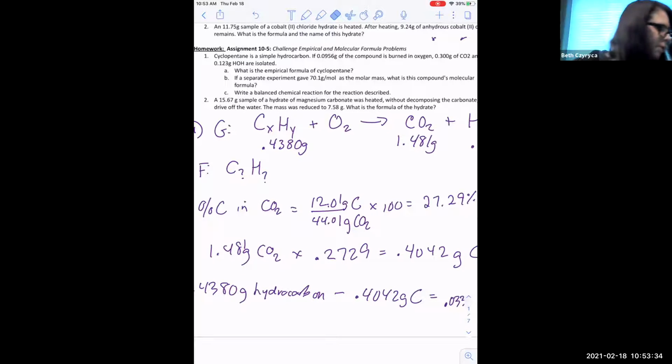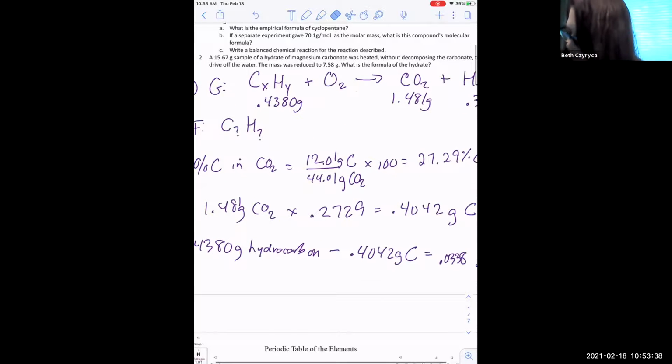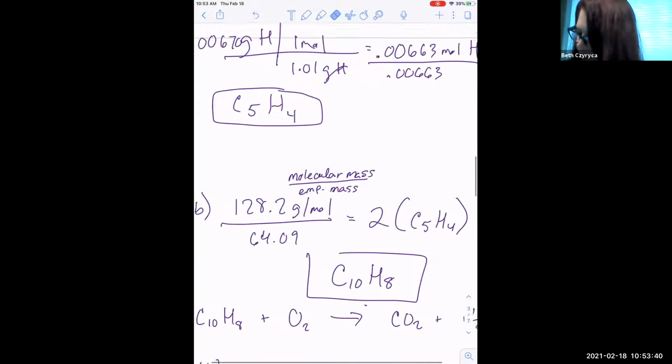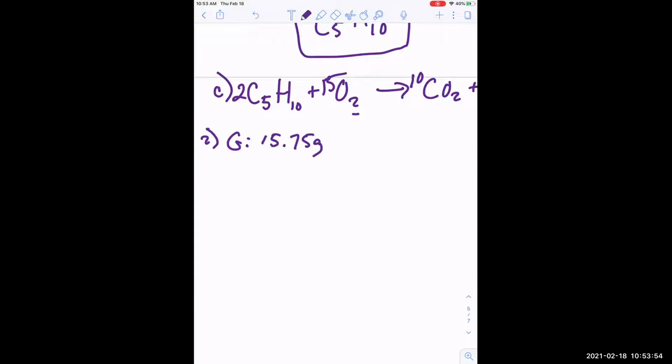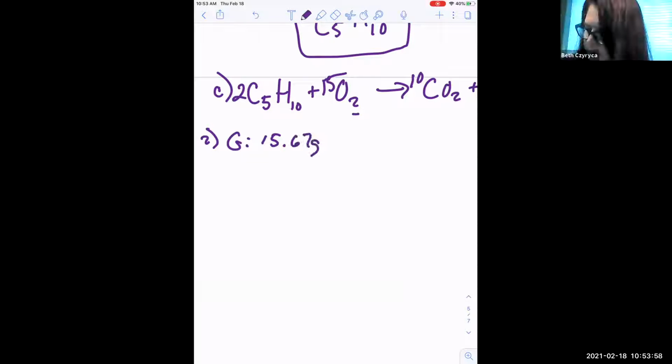So 15.7 grams of magnesium carbonate. Can you guys read me the given so I don't have to keep scrolling up and down? 15.67 grams of, give me the formula for magnesium carbonate, Jaylon.